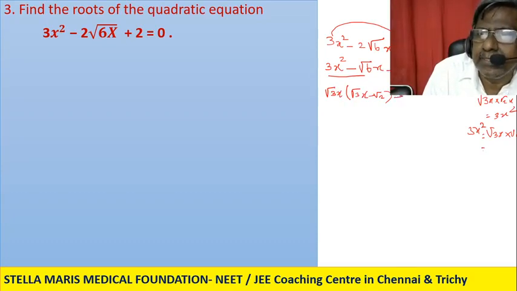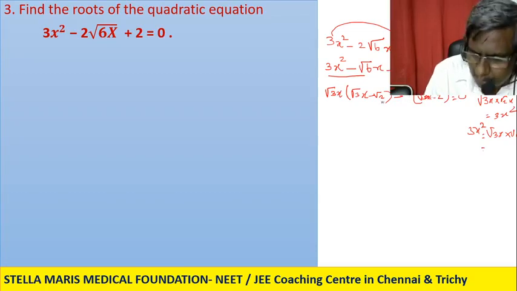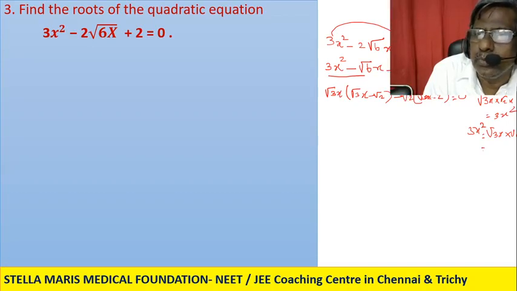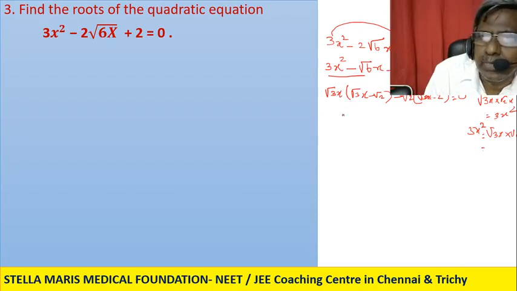Likewise in the bracket, minus root 2 into root 3x will be root 6x, and minus root 2 into minus root 2 gives plus 2. Clear?